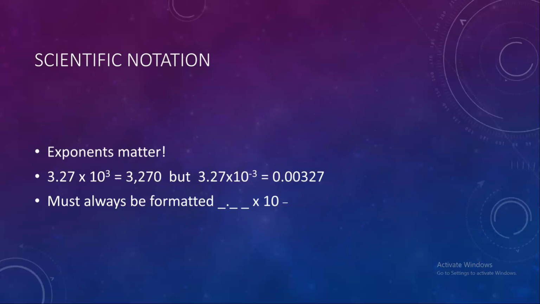If you used a little up arrow, if you put it in parentheses, if you actually typed out the words to the power of, any of those are totally fine, as long as you had your decimals in the right place and the correct sign on your exponent.